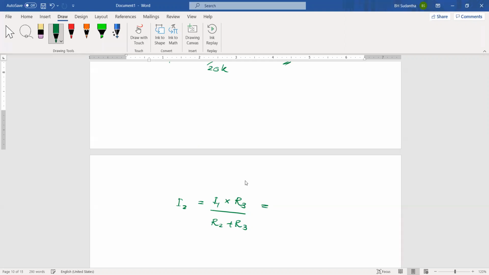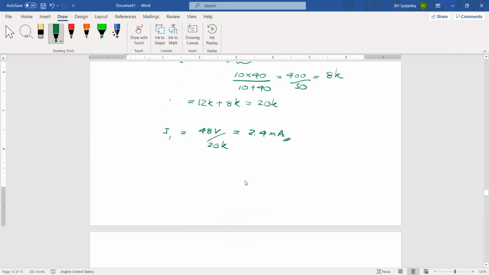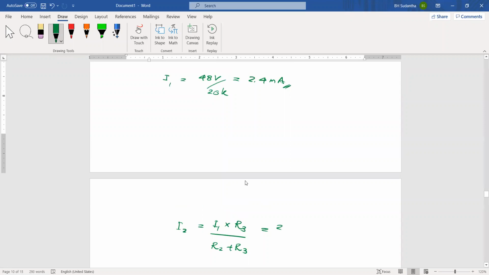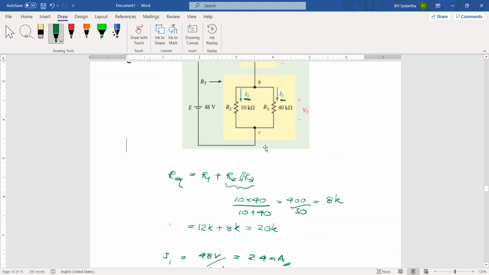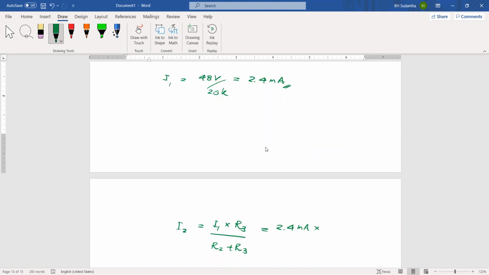This I1 means 2.4 milliamperes. R3 is 40K, R2 is 10K, so 10K plus 40K.